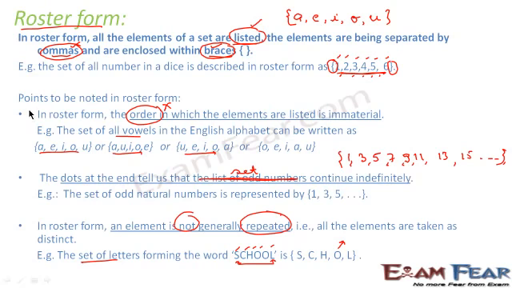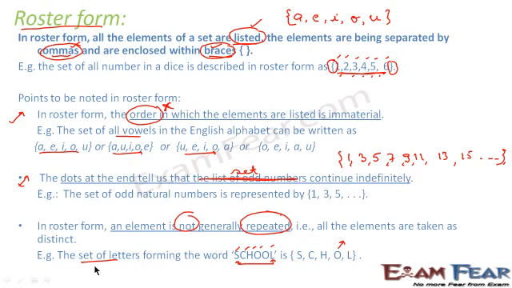Second point we need to notice is that the order in which the elements are listed is immaterial. When we say A, E, I, O, U or these vowels in any order, it is all the same. Now when we have 3 dots at the end, that means that the set continues infinitely. Also, in roster form, the elements are not repeated.